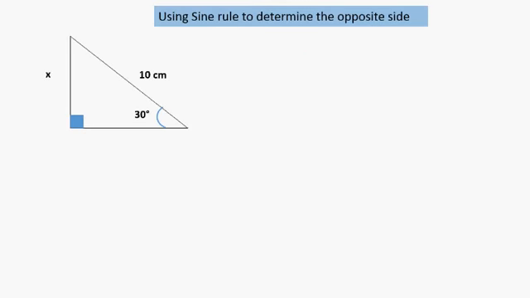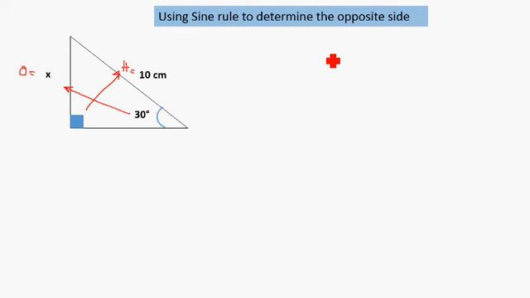Here it says using sine rule determine the opposite side. Where is the opposite side? This is the opposite side, opposite to the angle. So you can label that the opposite. Right across is the hypotenuse. So we are trying to find the x value.